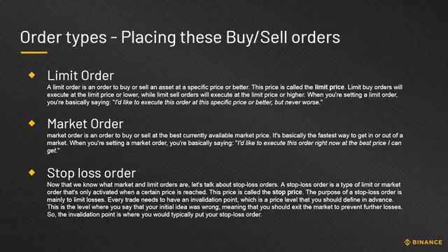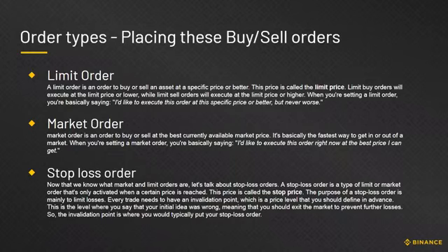Market and limit orders aside, let's talk about the stop loss order. A stop loss order is a type of market order that's only activated when a certain price is reached. This price is called the stop. It's mainly to limit losses. Every trade needs to have an invalidation point, which is a price level that you define in advance.